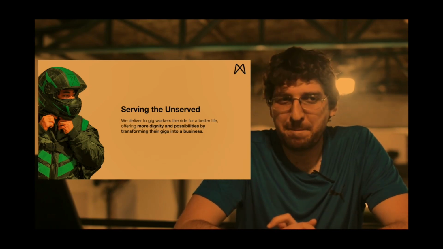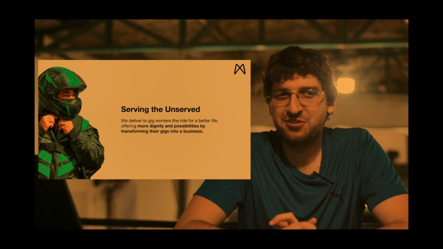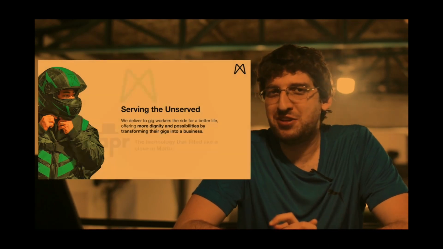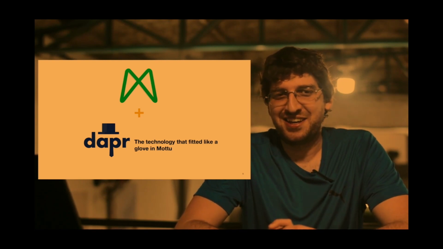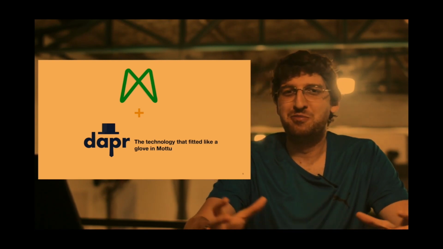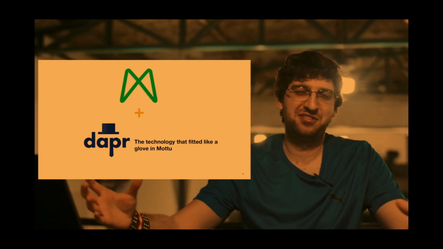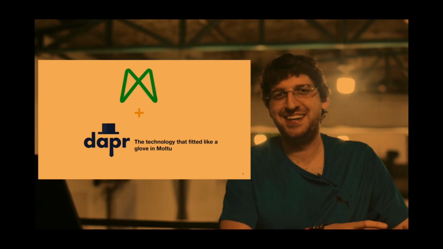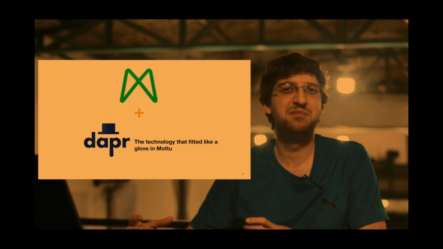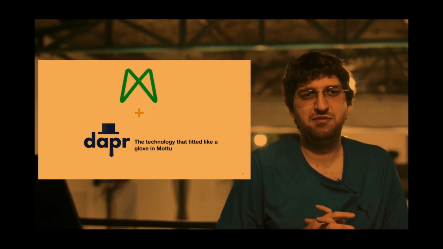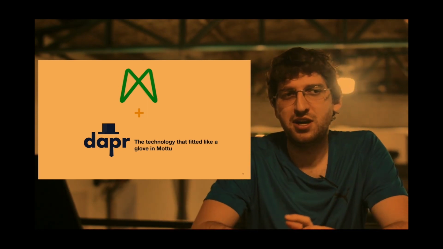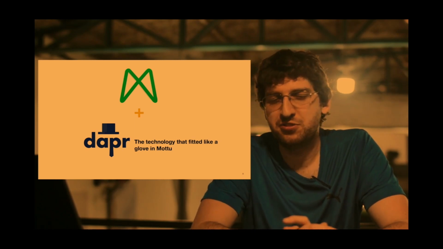The main idea here is to show how we use Dapr to resolve some big problems that we have. We have two big monoliths, the Mottu backend and the delivery system backend. When we found Dapr, we were looking for an actor system.